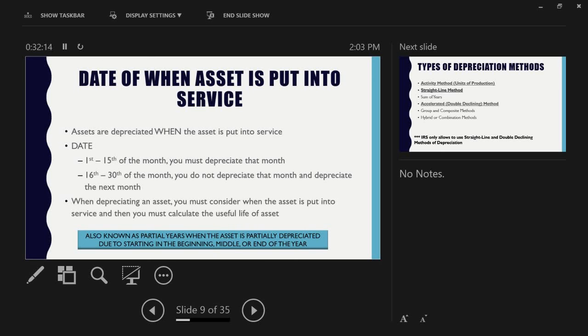So you would calculate that at July 1. Exactly. Everyone understand this?